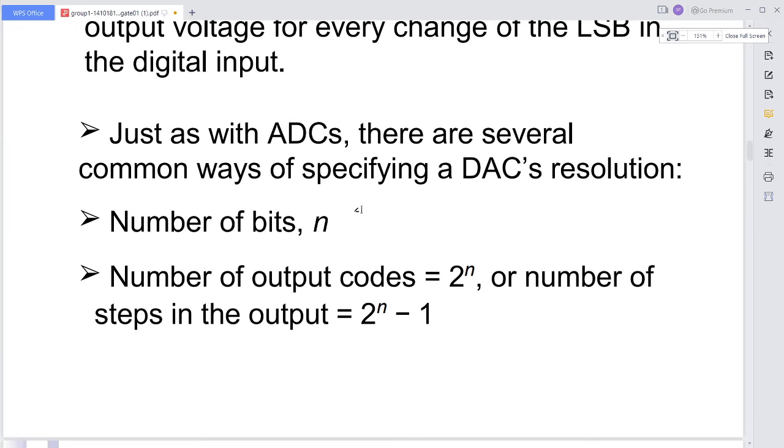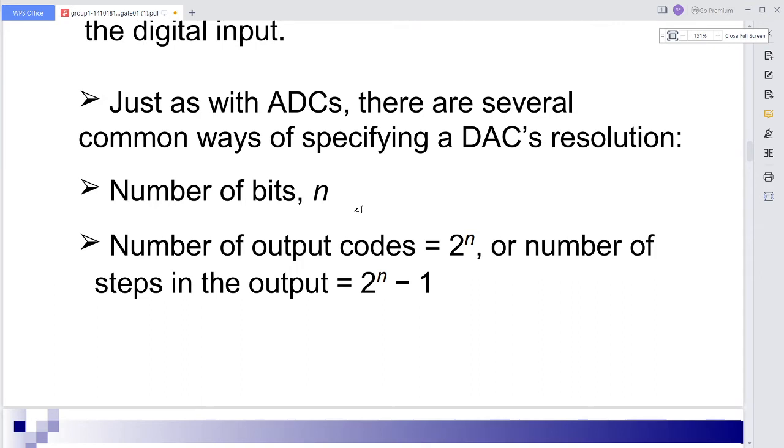So now we know that if the number of bits is n, we can have 2 power n combinations of input signals. This point also we have studied, so that for every combination the output is going to change.